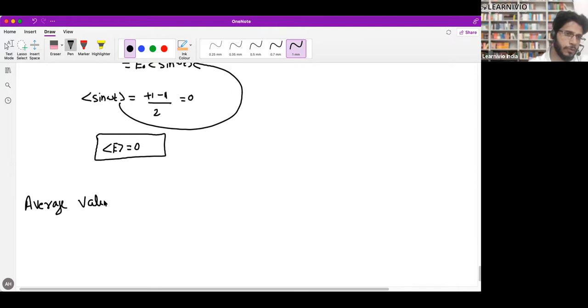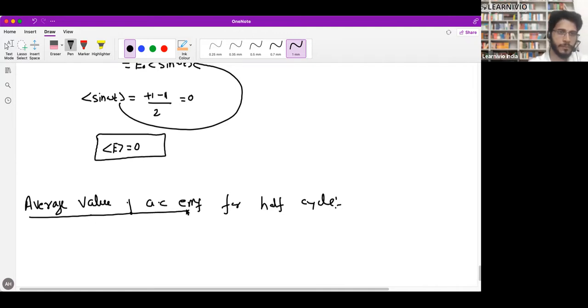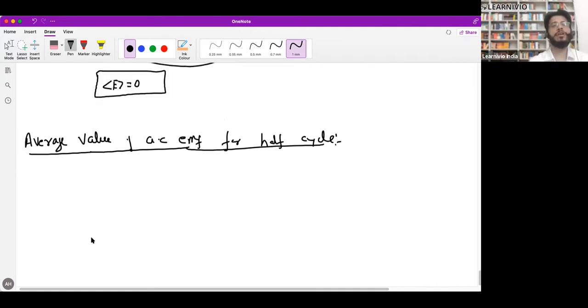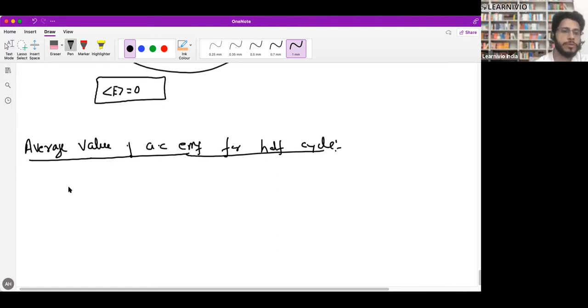Average value of AC EMF for half cycle. To calculate the average value for half cycle, I represent it with E average.